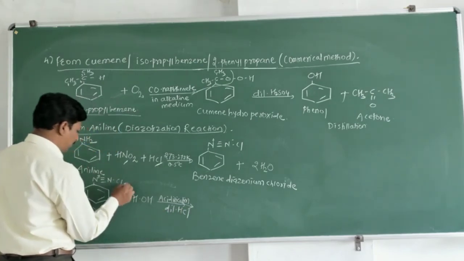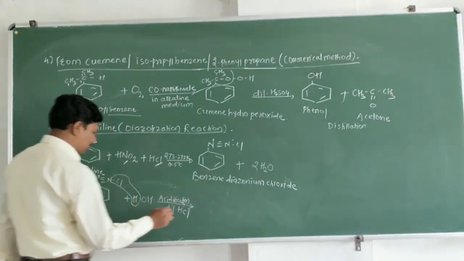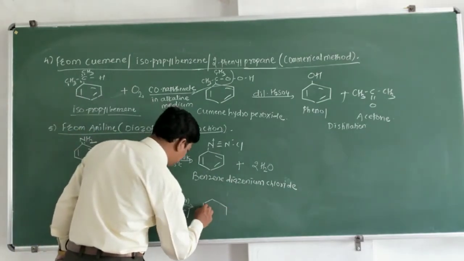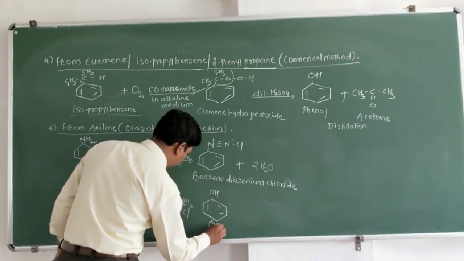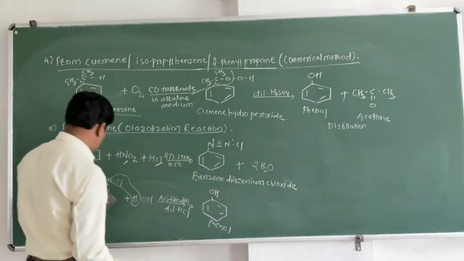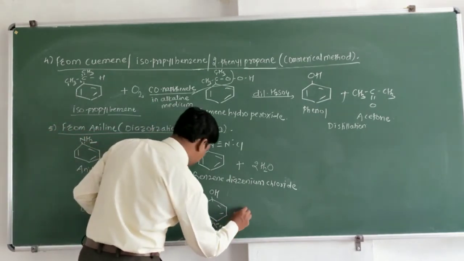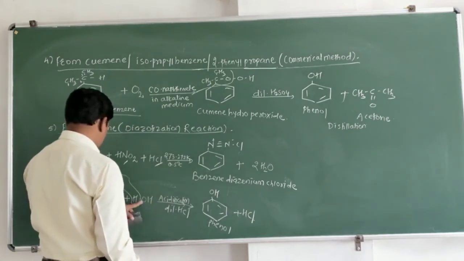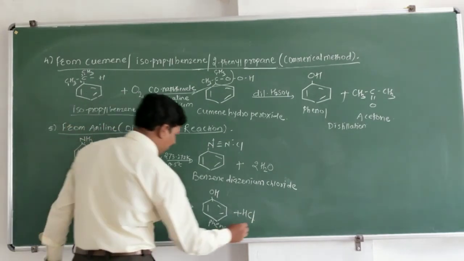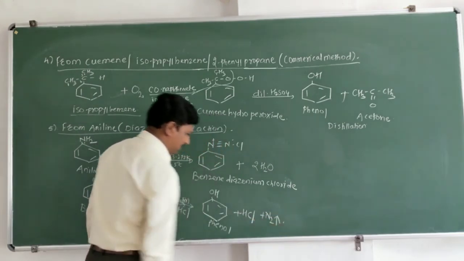Okay, and it finally forms phenol as a compound: a benzene ring, and on this benzene ring the OH group, phenol, is present. So Cl and H combine to form HCl, and phenol is formed, and evolution of nitrogen gas takes place.